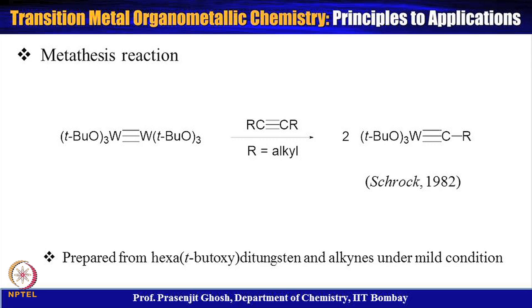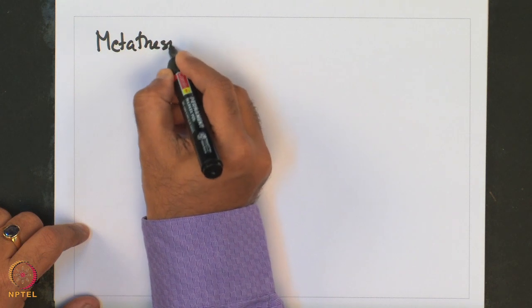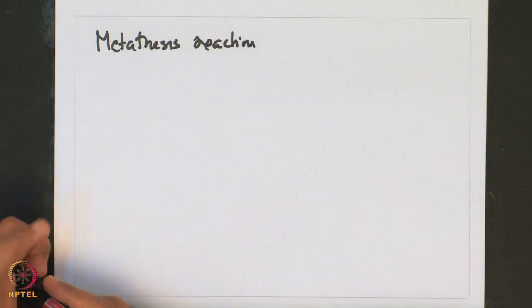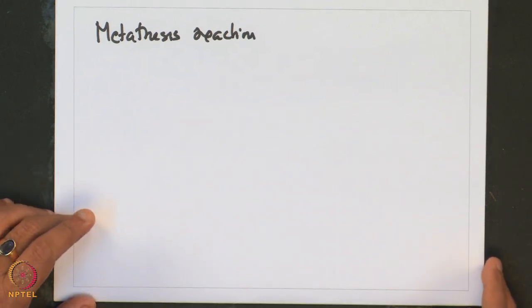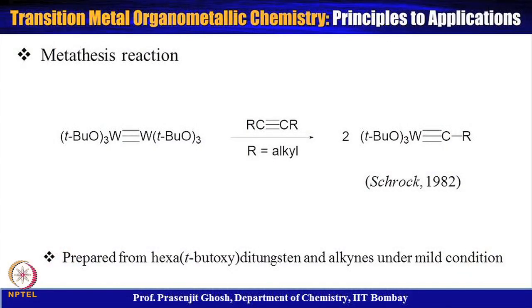Now, this metathesis reaction is starkly different from the other three strategies we have discussed, in that it does not start from a transition metal carbene moiety to construct the transition metal carbyne moiety. The starting precursor for this metathesis reaction is completely different, and it starts with metal-metal triple bonds and converts them to metal-carbon triple bonds in the transition metal alkylidyne moiety.